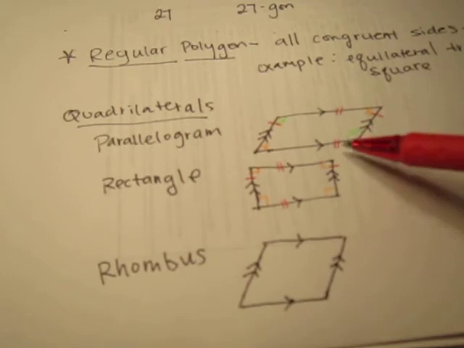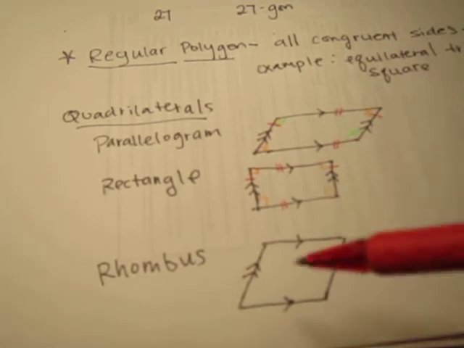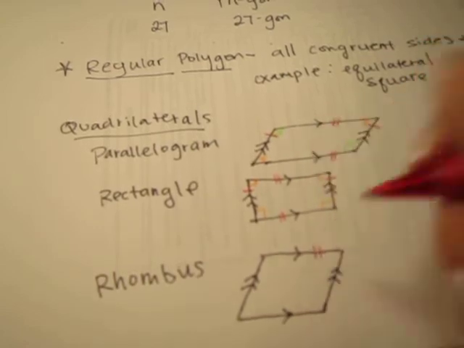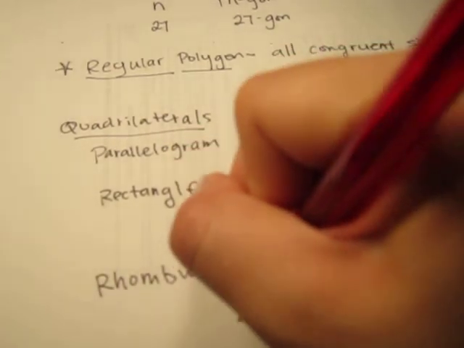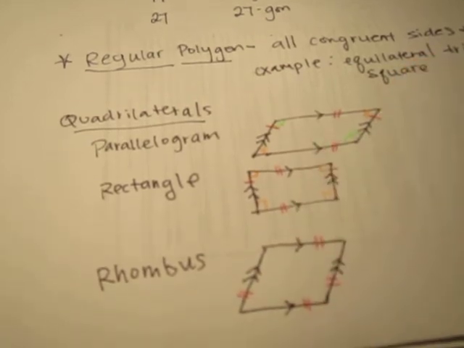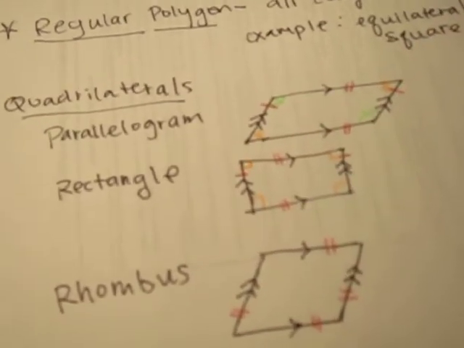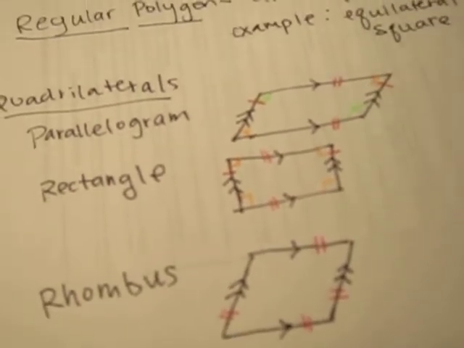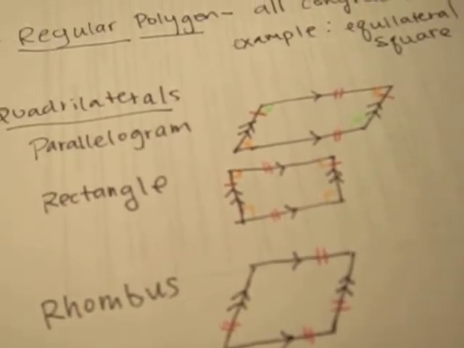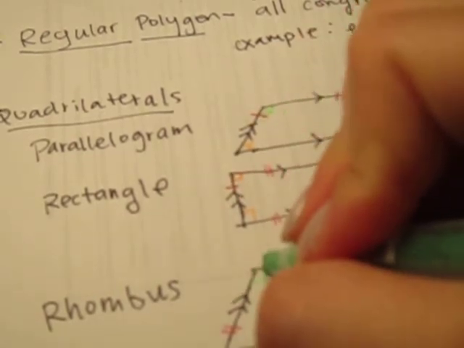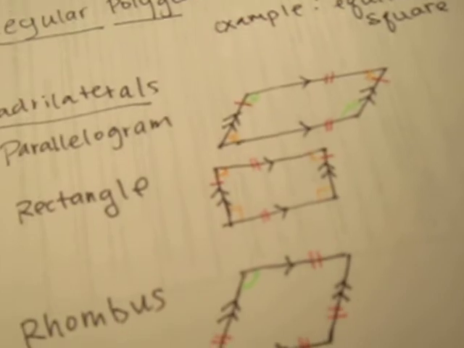But unlike the rectangle and parallelogram, all 4 sides are equal length. So this is congruent with this, which is congruent with this length, which is congruent with this length. So all 4 sides have the same measurement. But it does share the same characteristic as a parallelogram because the opposite angles are congruent.